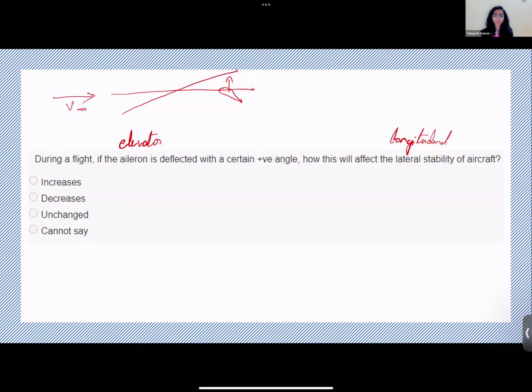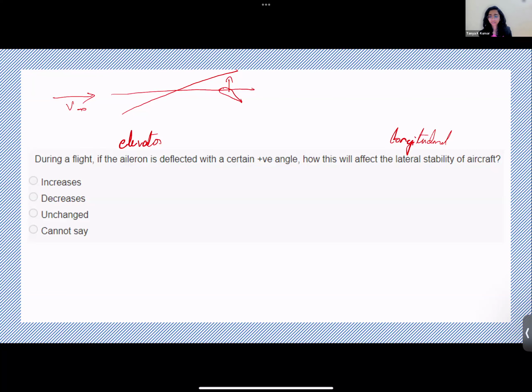Try and think about it. So how do we define stability?